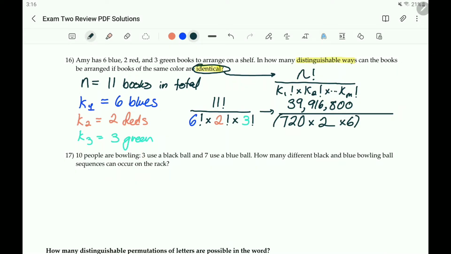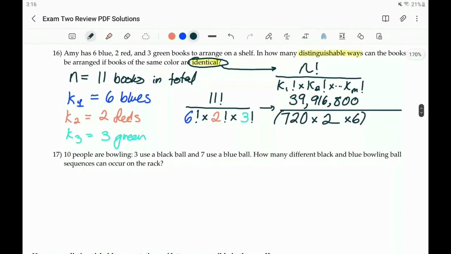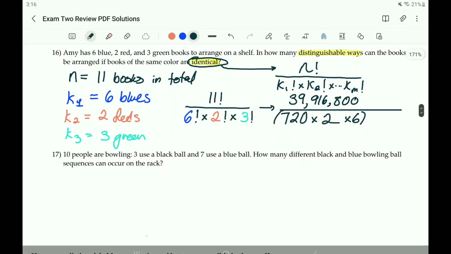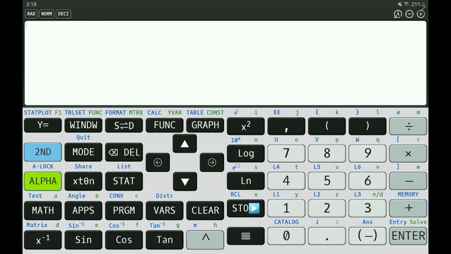Okay, so let's put this all into our calculator and then divide. Let's zoom in just a little bit better. Okay, let's go to the calculator. 39,916,800 divided by, in parentheses, 720 times 2 times 6.